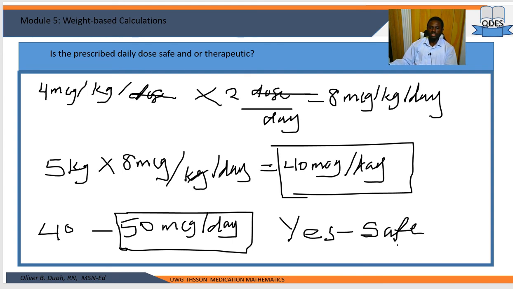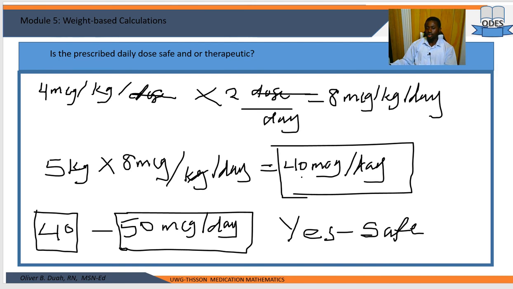Okay. Now, let's ask ourselves, is this dose therapeutic? For it to be therapeutic, remember, it has to meet the minimum threshold to elicit a response. And so for this patient, we said the minimum required dose for this medication to be therapeutic is 40 micrograms per day.